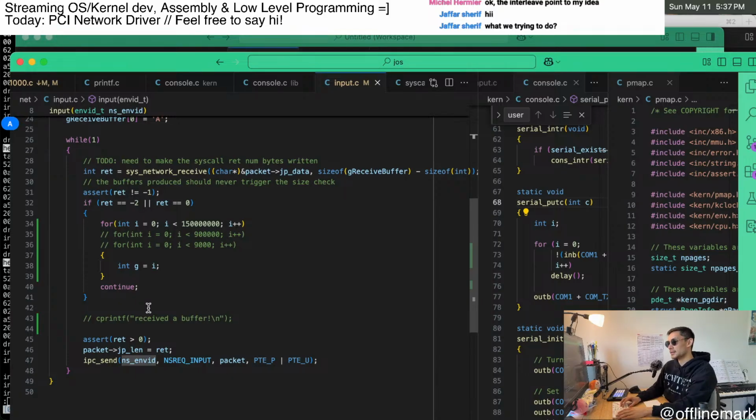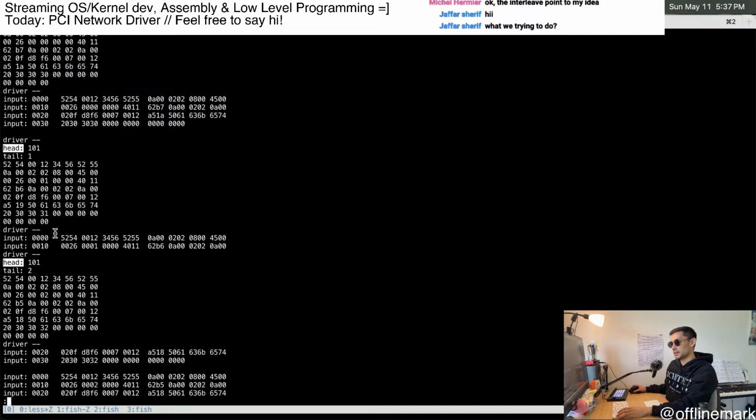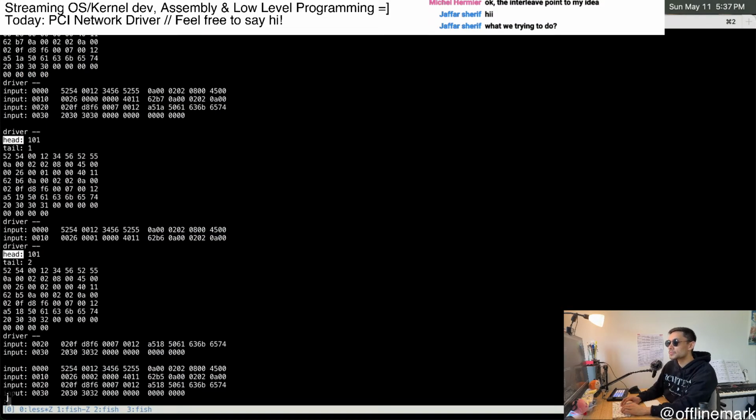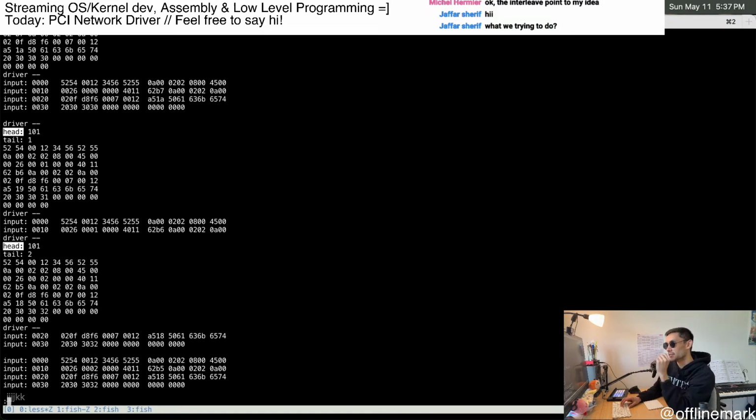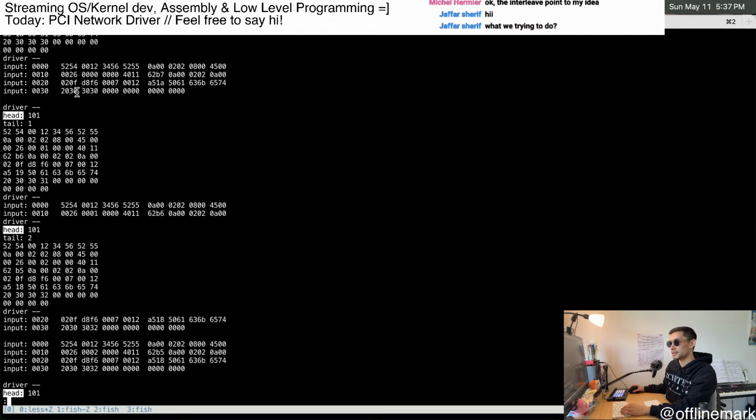Okay, maybe. I think I can understand the interleaving now. It's just because it sends it to a different process. It's roughly synchronous though. You can see the 30 here, then the 30 here, then the 31. But that actually gets skipped.